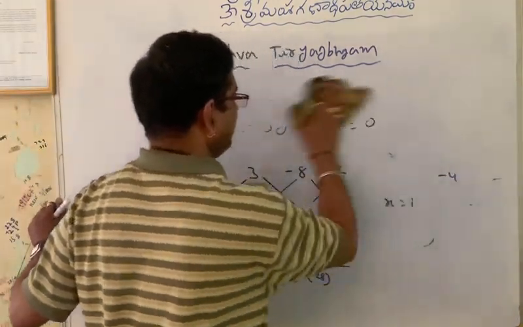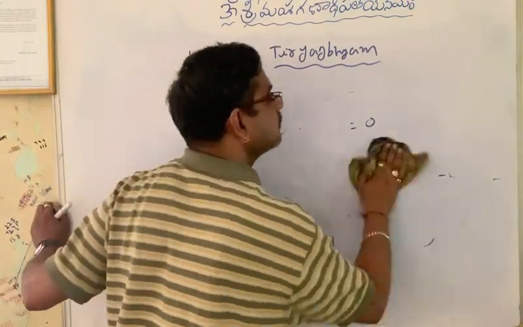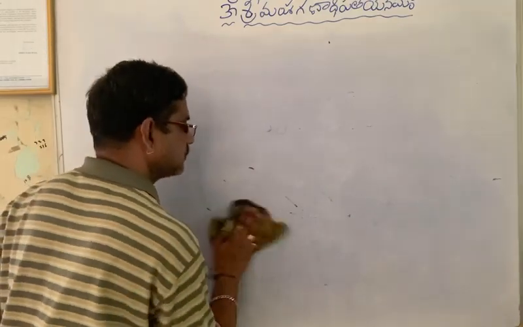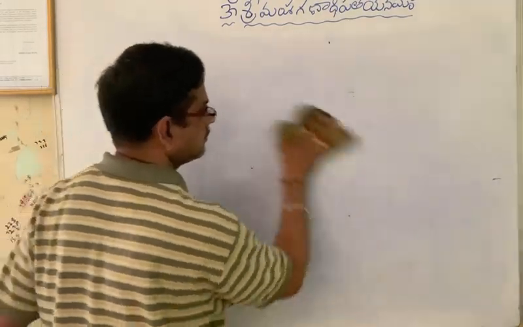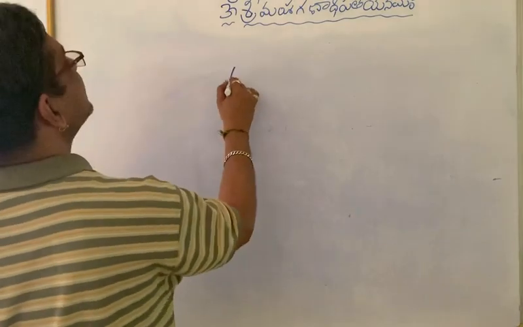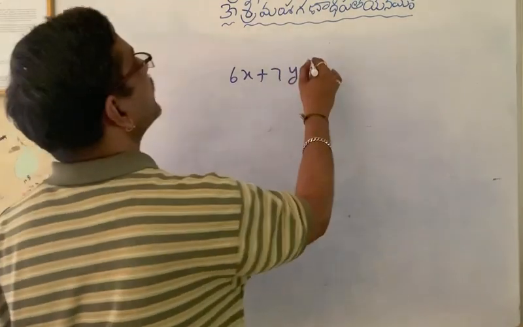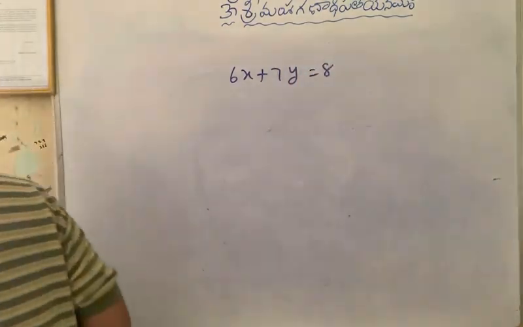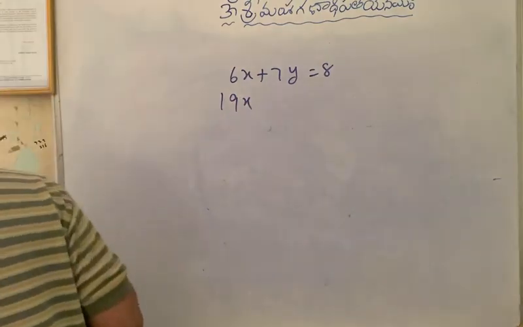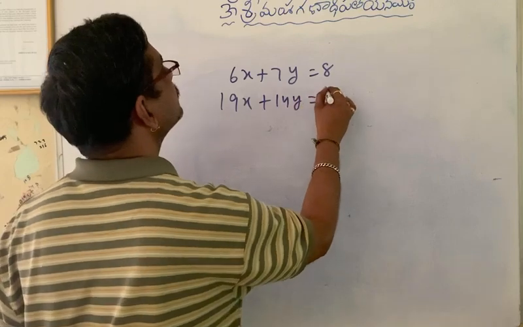Consider another example: 6x plus 7y is equal to 8, 19x plus 14y is equal to 16.